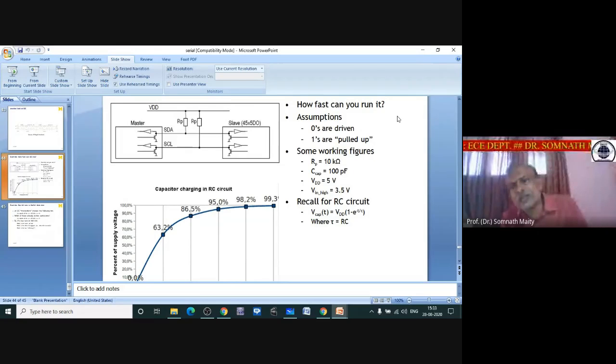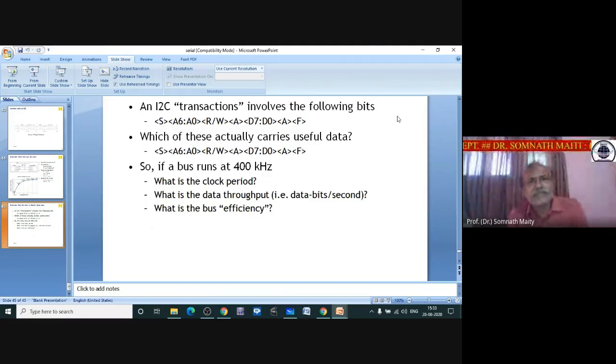How fast can you run? An I2C transaction involves the following bits. This is the format. Start, then A0 to A6, the 7 bits for address.